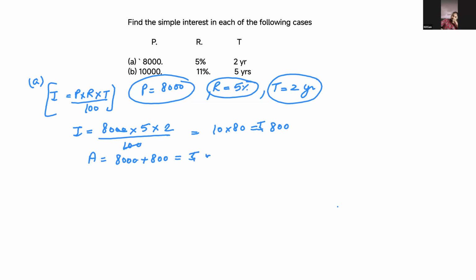Okay, the first one is 8,800 and the second one is 15,500.